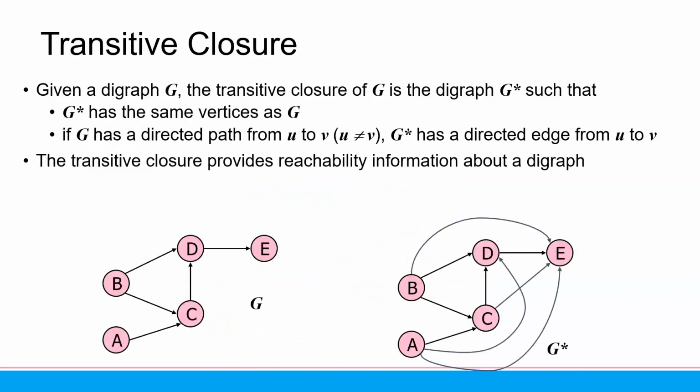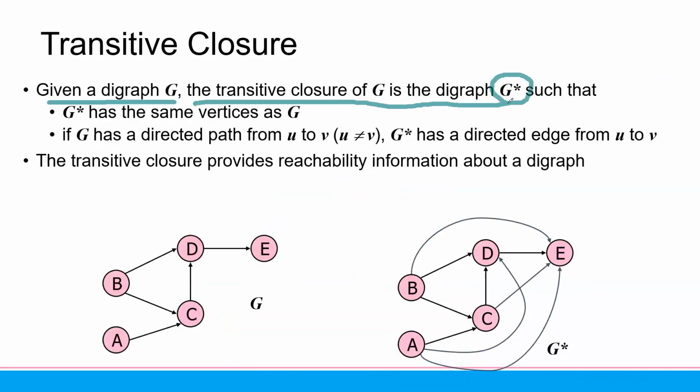There is another concept in the directed graph. We call it transitive closure. The transitive closure means, given a digraph G, the transitive closure of G is the digraph G star.